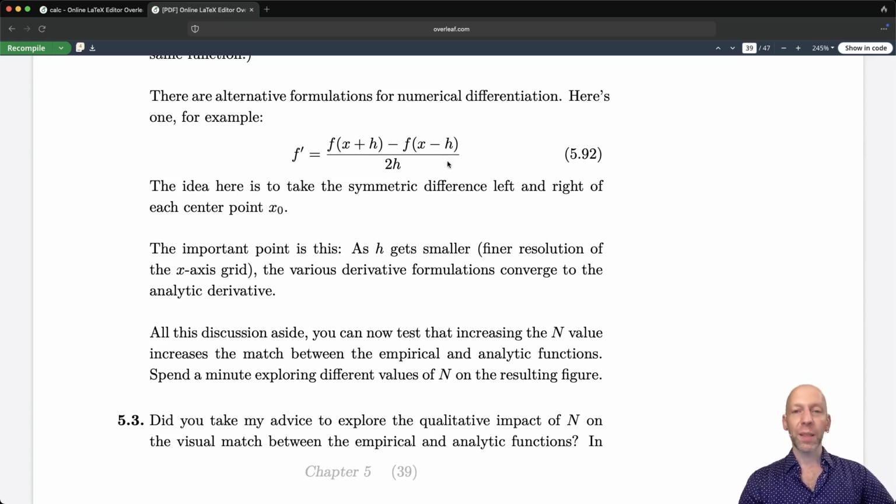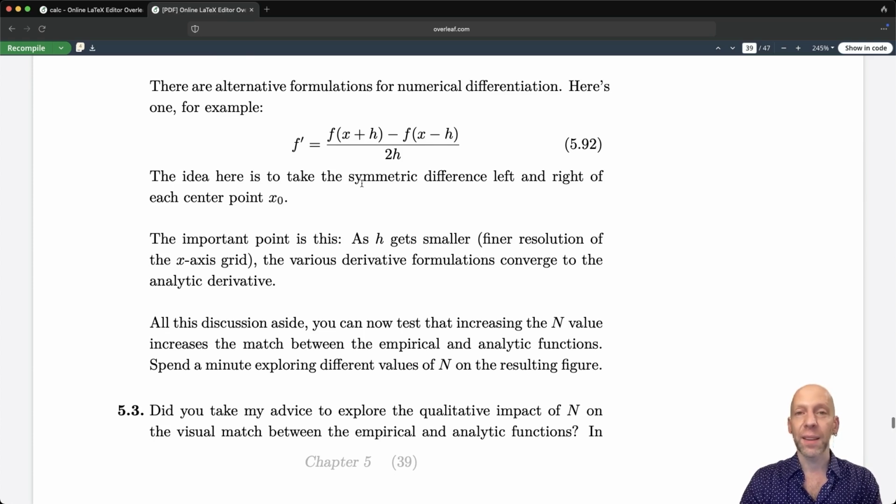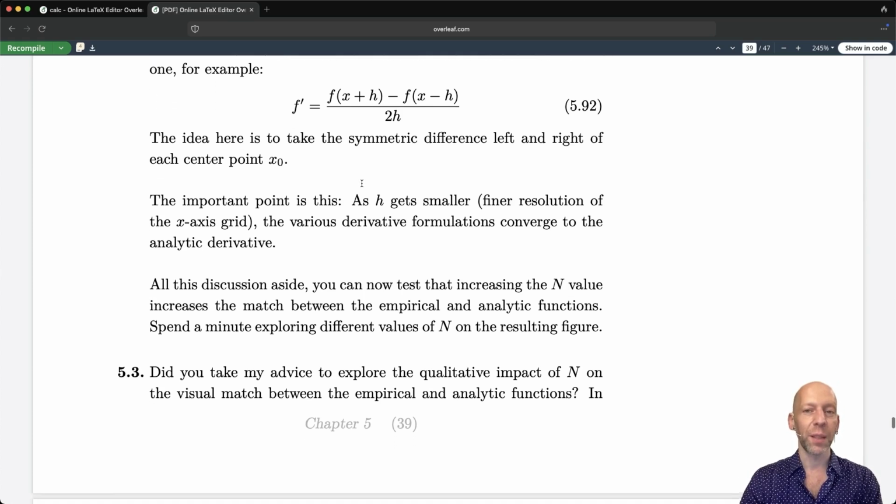I have not implemented this in the code. It's not specifically part of the instructions for this exercise, but if you find this interesting, of course, you can add a little bit more code to this exercise to calculate this numerical difference and see how that corresponds to the analytic derivative that you see in the plot.